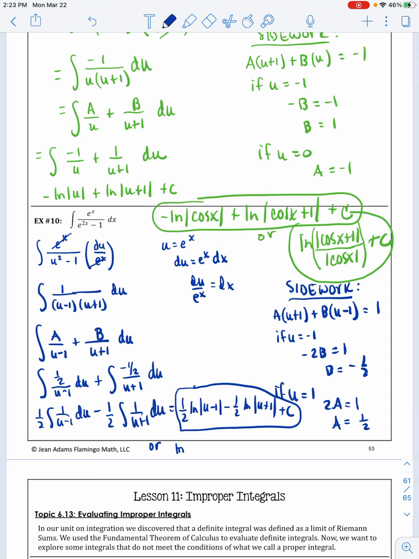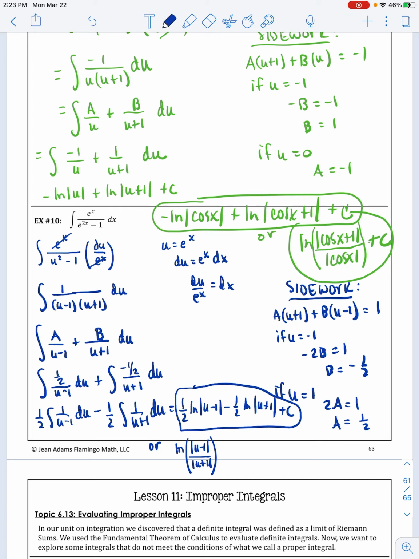And actually they're both to the 1/2, so you could put this on the outside if you wanted to.